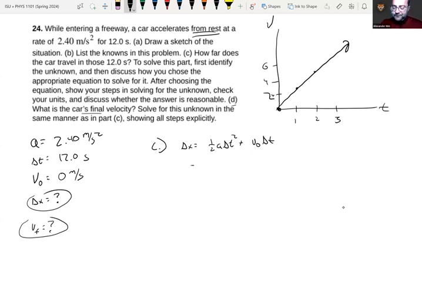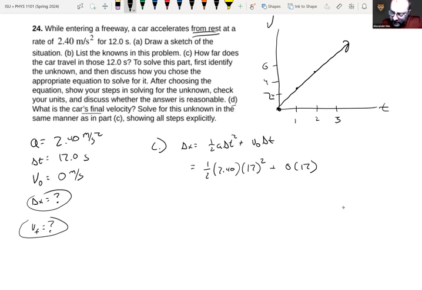Now plugging in, you might need to do some algebra to solve for some of these. In this case, we haven't so far. But plugging in, we get just 1 half times 2.40 times 12 squared plus 0 times 12. So basically this is going to be 144, that's 12 squared, times 1.2.